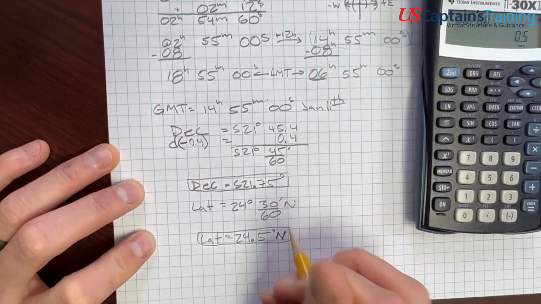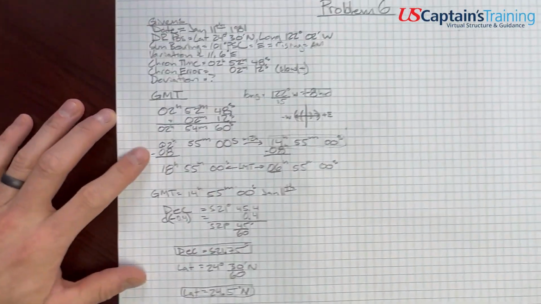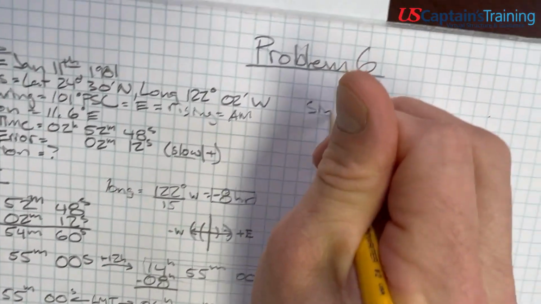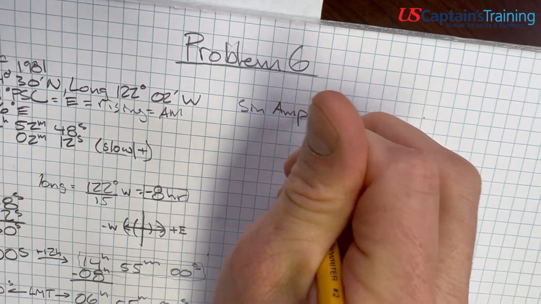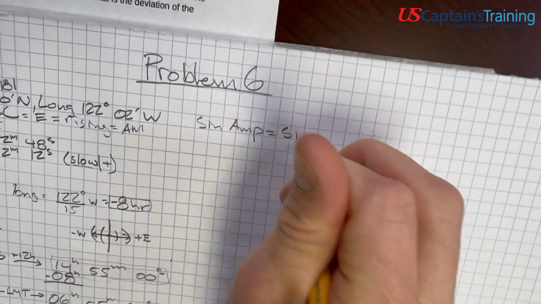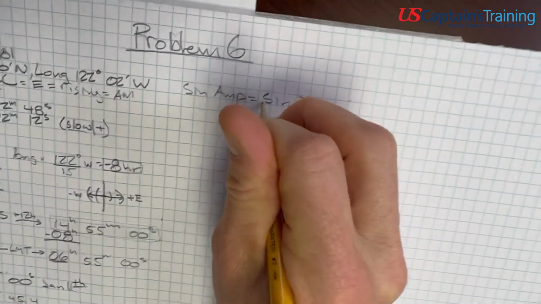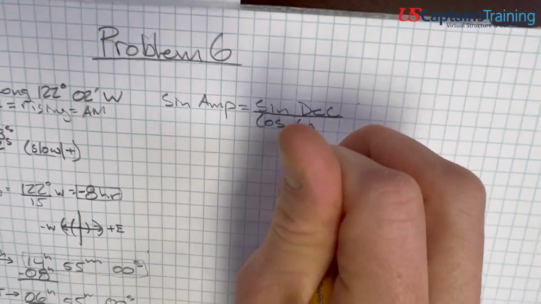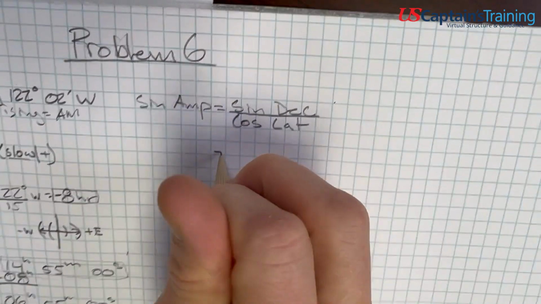So now we're going to throw all this into a formula that says the sine of the amplitude is equal to the sine of the declination divided by the cosine of the latitude. Let's put these numbers in.